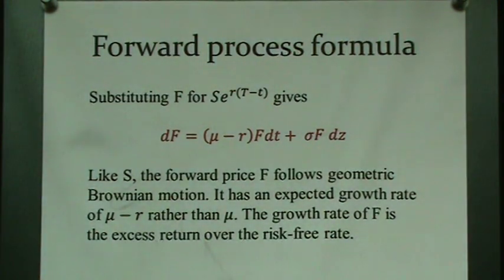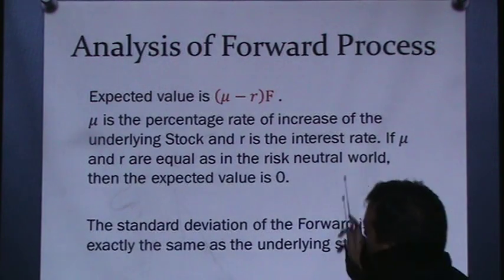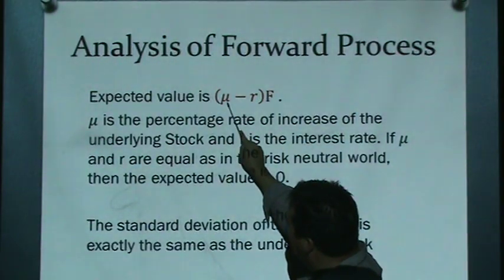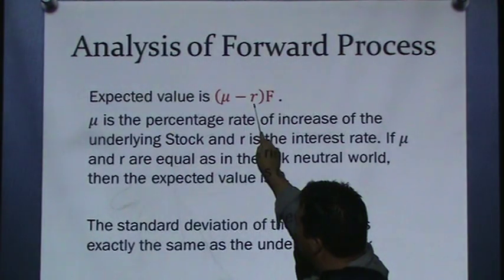Okay, and then I think we have a little analysis of it. The expected value for the forward would be the expected growth of the underlying stock minus the interest rate.